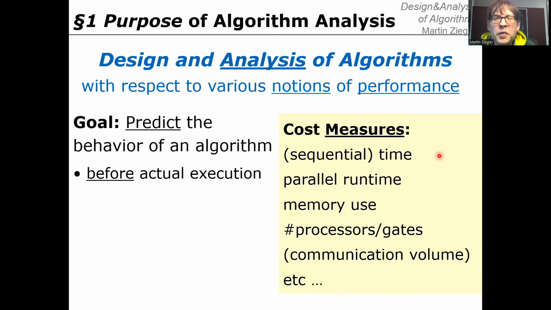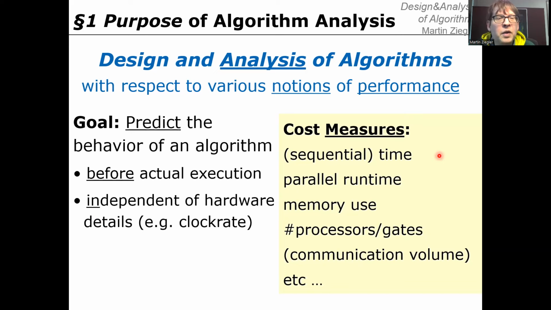That's as opposed to empirical evaluation, where we first implement the algorithm, then run it on some input data. But that empirical evaluation is limited to the particular hardware that we used, whereas algorithm analysis is independent of hardware details. Also, it's independent of the input.